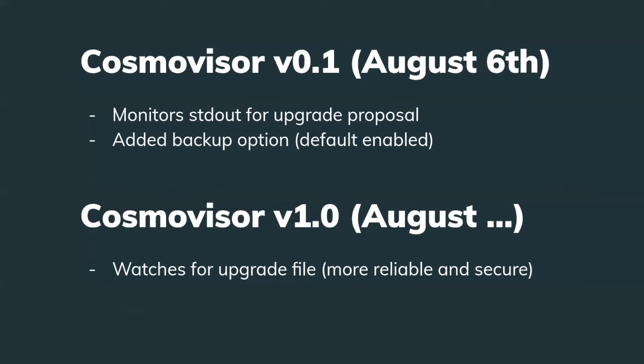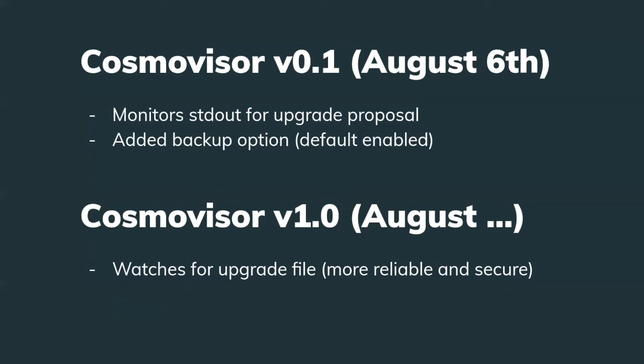So V0.1 went out, and this is monitoring stdout for upgrade proposals. The change that's going to be made to the V1.0 upgrade is that we're going to be switching to a file watcher instead of monitoring stdout. This is a more reliable and secure way of monitoring for upgrades.